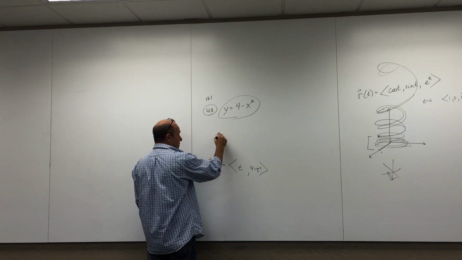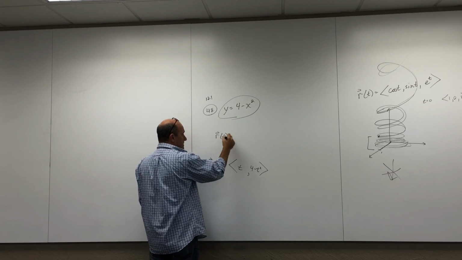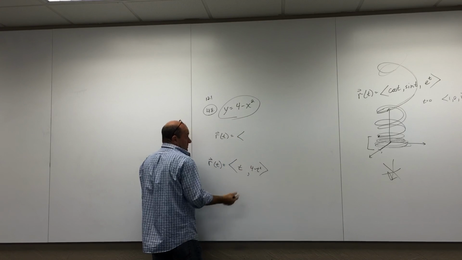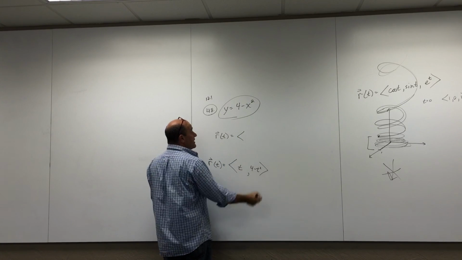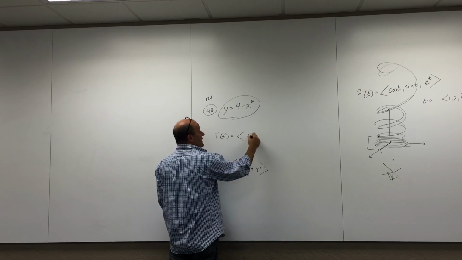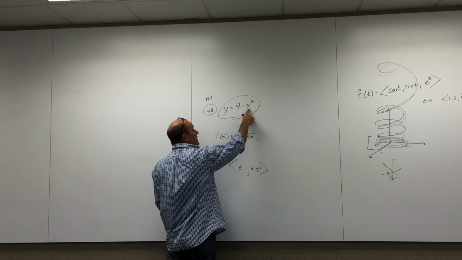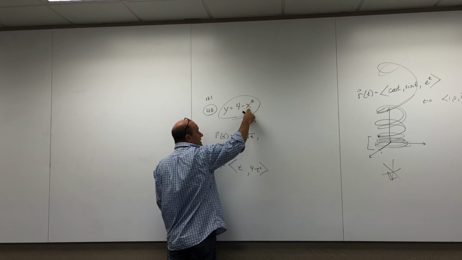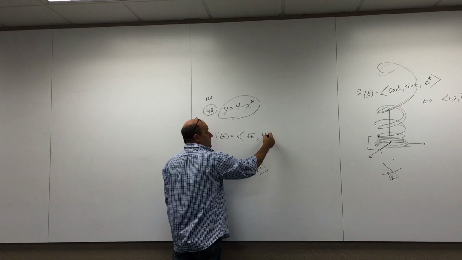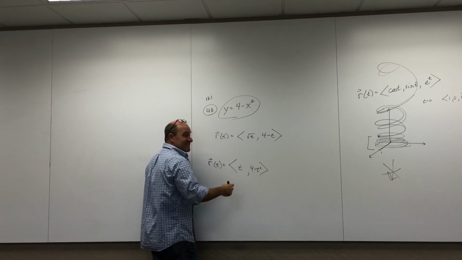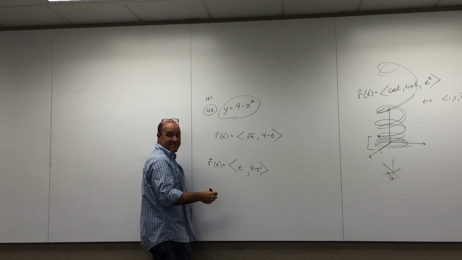But there are other ways to parameterize it. Here's another one. Somebody might decide, I want x to be the square root of t. And if x is the square root of t, then I plug it in there and I square it, then I get t, so then what's y? 4 minus t. You follow me?